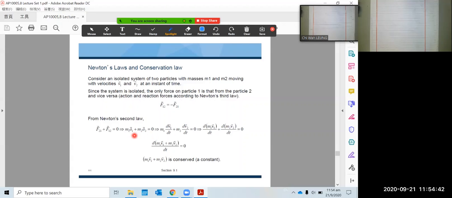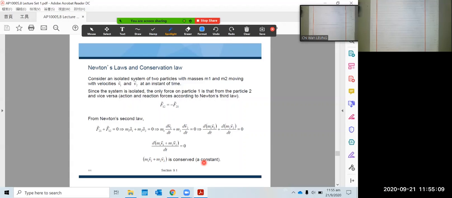Acceleration is actually the time derivative of the velocity. So you have this equation, and with some manipulation, we could achieve a result that the sum of m times v for the whole system has to be a constant.